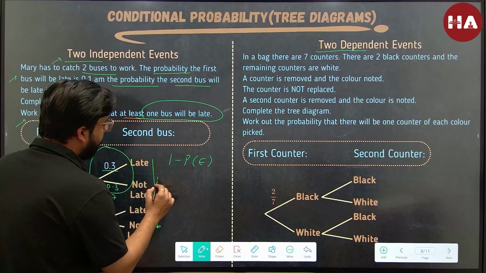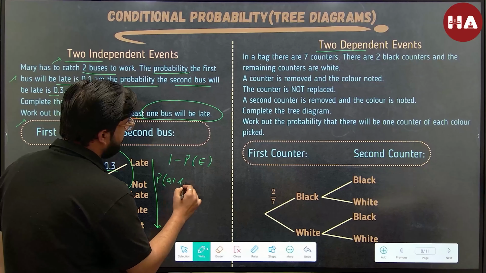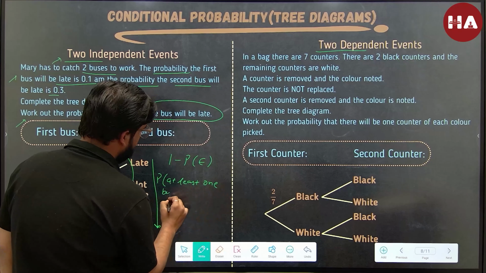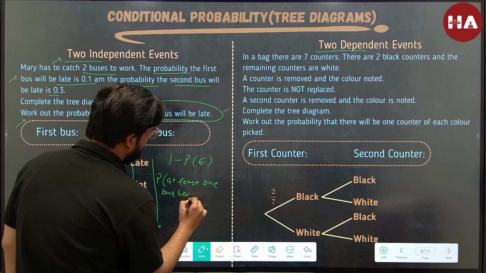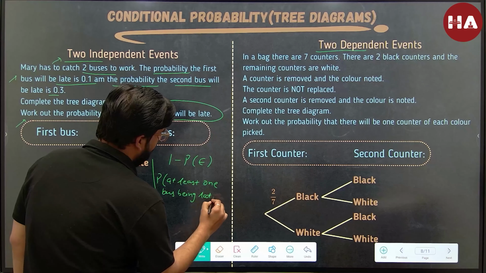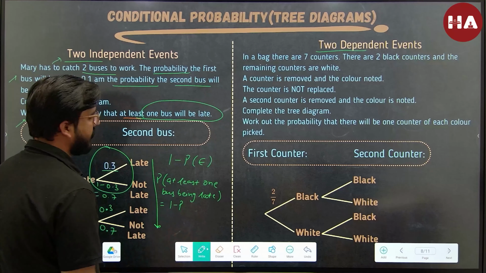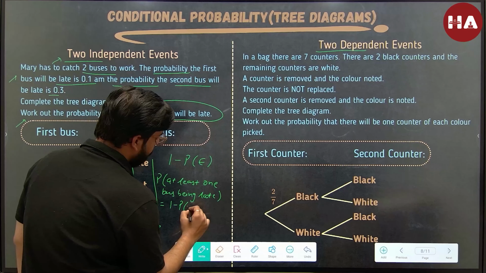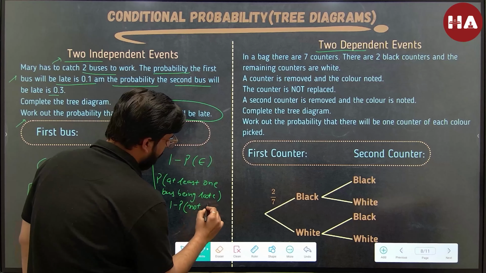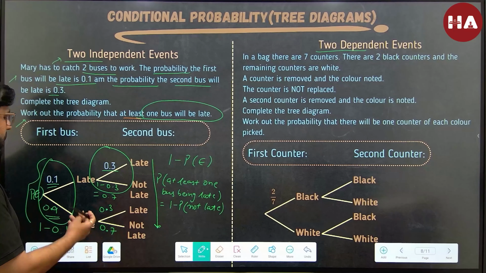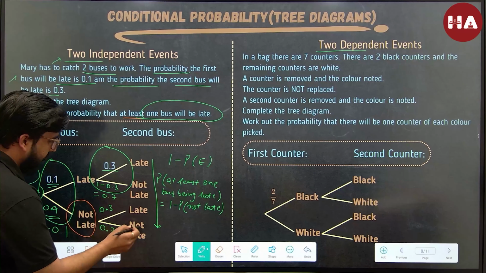So the probability of at least one bus being late will be equal to 1 minus the probability of both buses not late. So we are talking about both the branches that are not late.